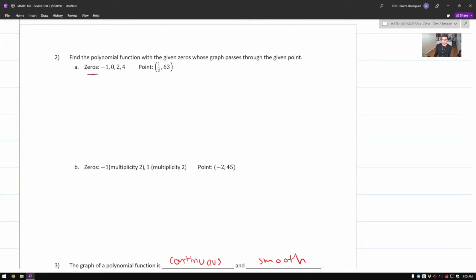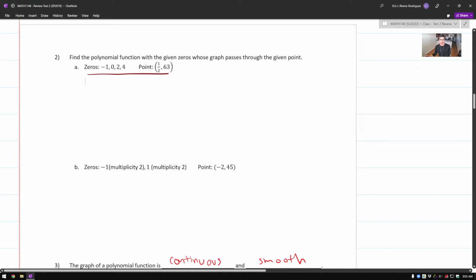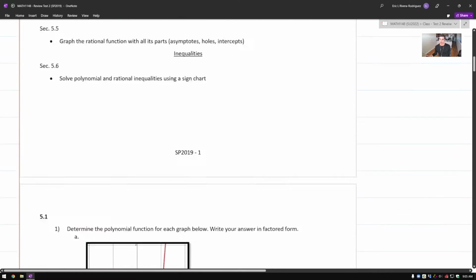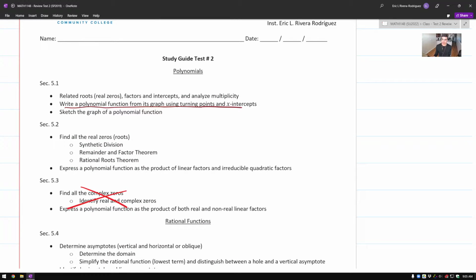Then we are going to construct polynomials with specific zeros and a specific point, related roots, real zero, factor, and intercept, and analyze multiplicity.